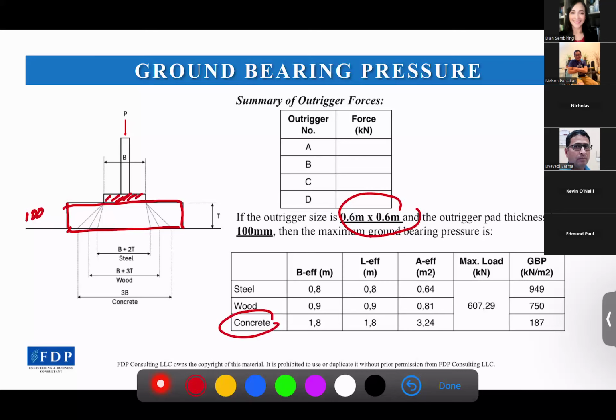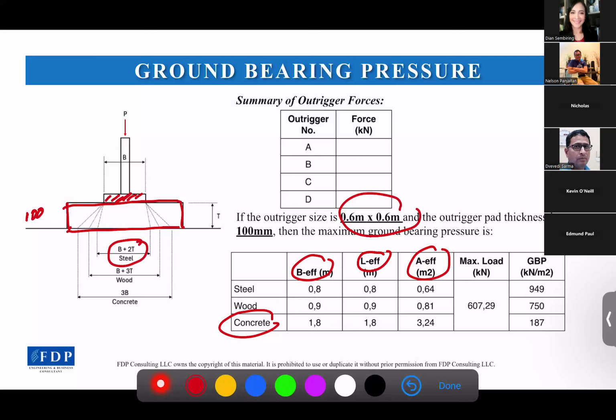Concrete is good in load distribution, especially for bearing, but it has less flexibility because of its weight. To get the effective area, we need to calculate the effective width and the effective length, which we get based on this.